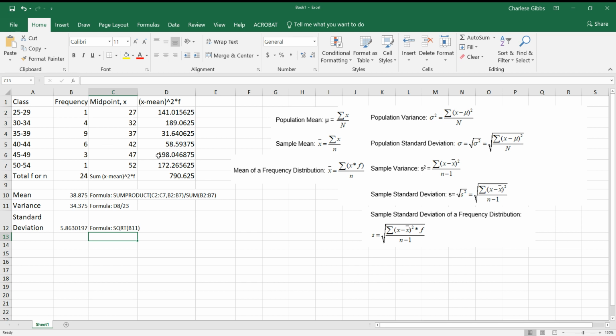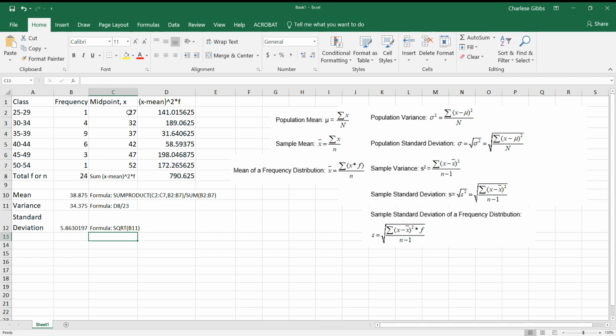So just a quick recap. We have a frequency distribution. We needed to find the standard deviation of the frequency distribution. We're finding the sample one. We needed to find the midpoint first, so that we can find the mean. So we found the midpoint. We found the mean by using the sum product.